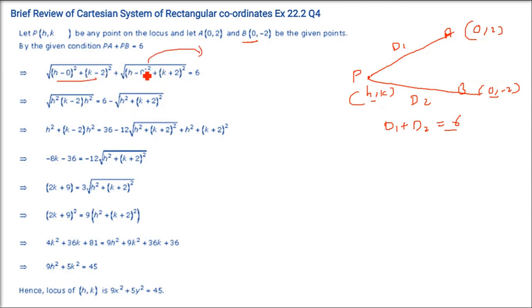Otherwise it's very difficult to solve, because if you square these two terms, using the formula of square, one square will be eliminated, but you will get 2 into 2 square root. So better to take one on the right hand side, and now it will be easier. It will be far easier than the previous one. And finally you will get 9x square plus 5y square equals 45. Finally we have to replace h by x and k by y.